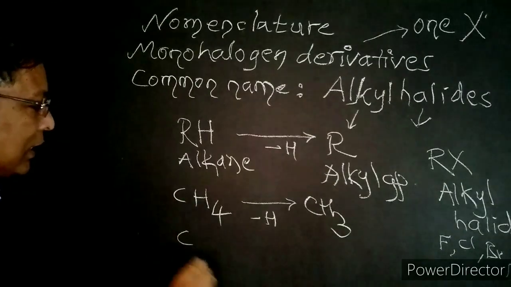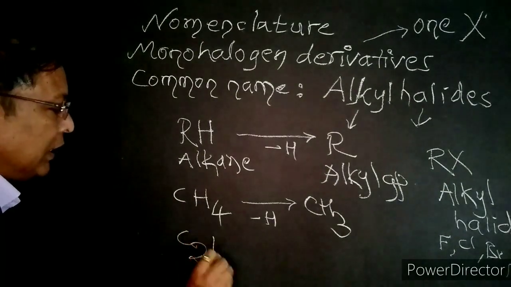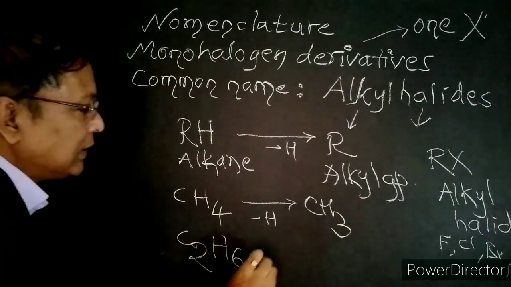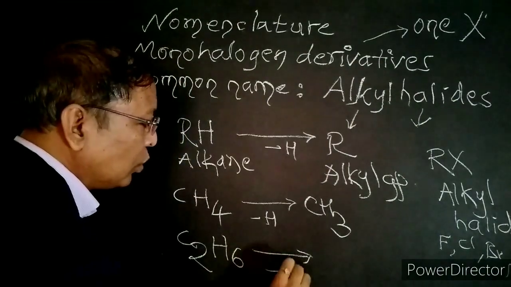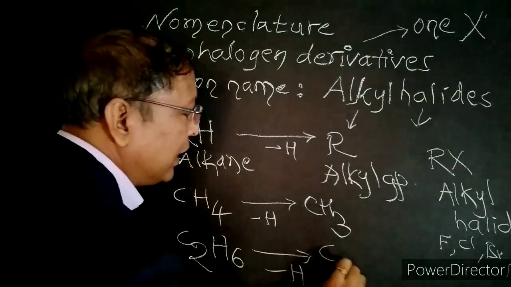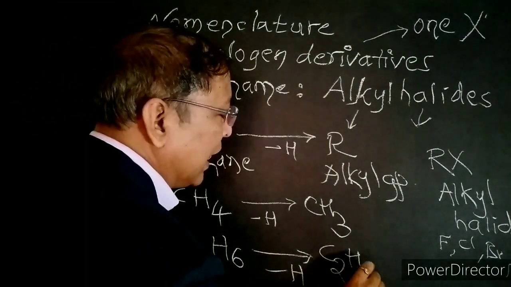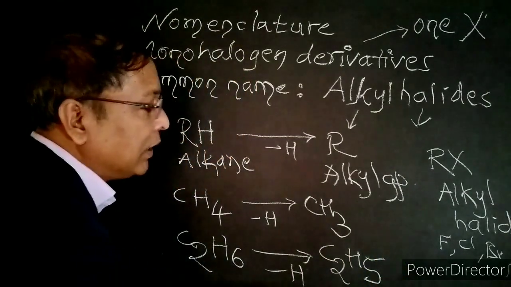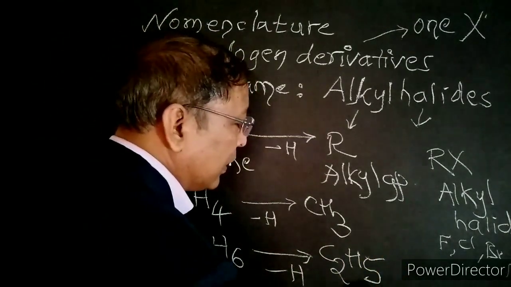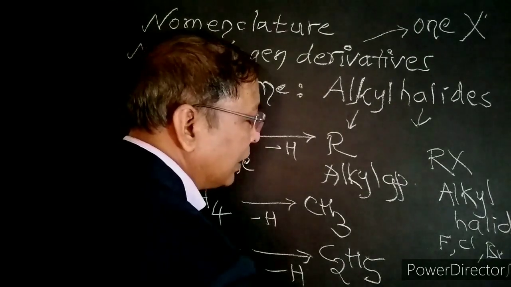Let us take the second member, that is C2H6. This is ethane. When ethane loses one hydrogen atom, it becomes C2H5. This is called the ethyl group.